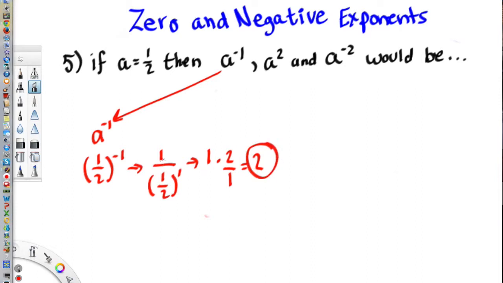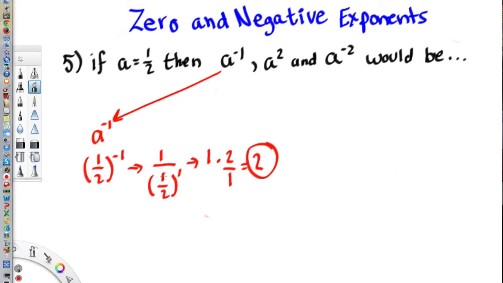Okay, now see what I did, I first substituted, and then I said, I want to raise 1/2 to the negative first power, which means I'm doing repeated division. In this case, I'm really not repeating that often, but it's 1 over 1/2.